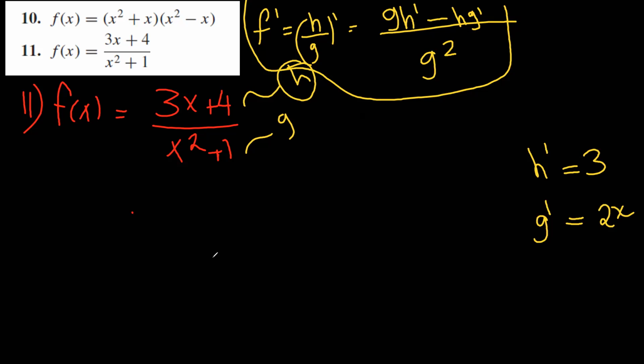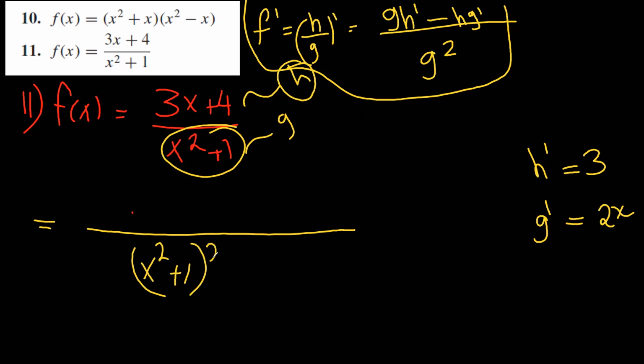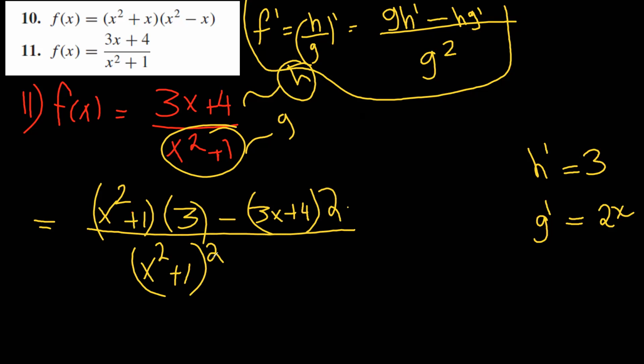Then after that, we have g squared, which is x squared plus 1 squared, then g, which is x squared plus 1, times h prime, which is 3, minus h, which is 3x plus 4, times g prime, which is 2x. And we find by that the derivative of two functions that are divided.